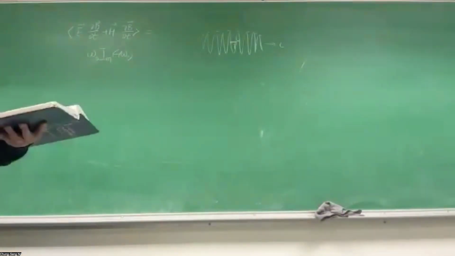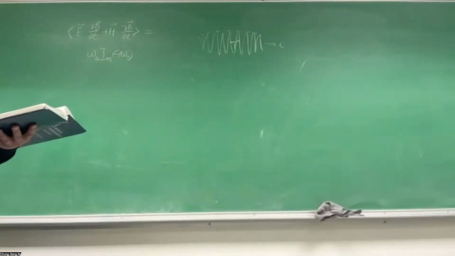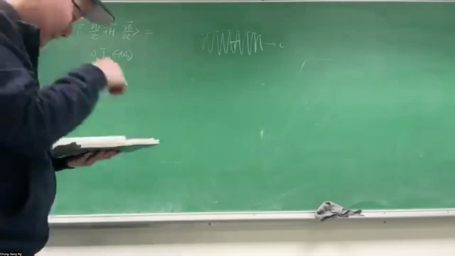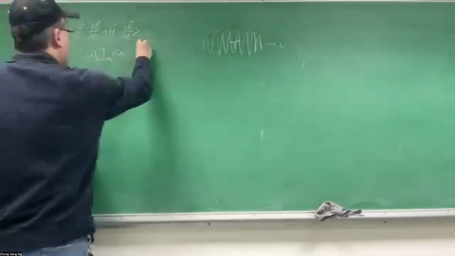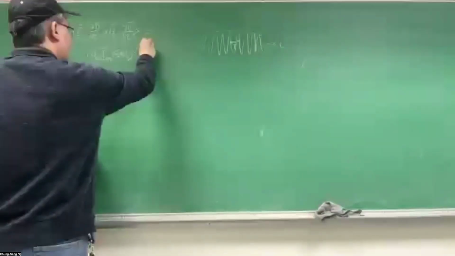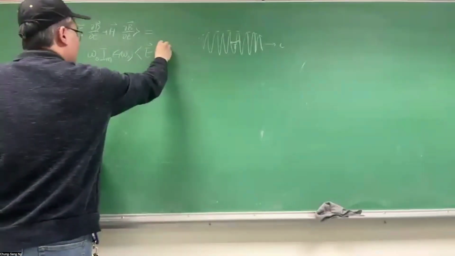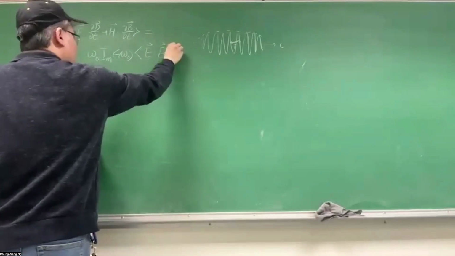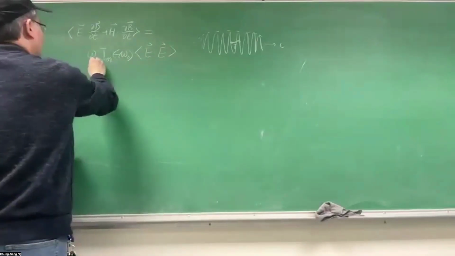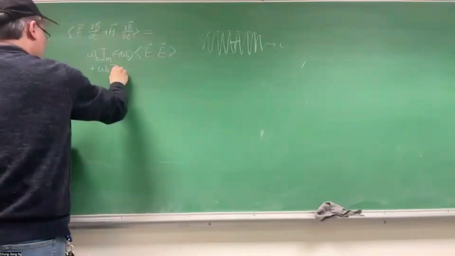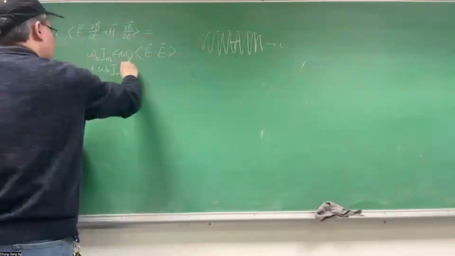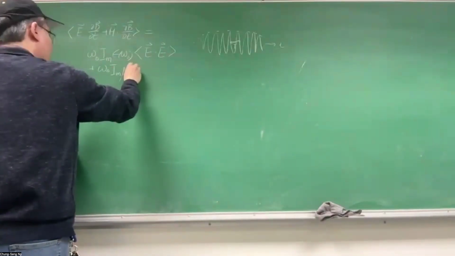And we'll talk about that in chapter 7. And the average over the E square, basically E square. And similarly, you have the imaginary part of the permeability.